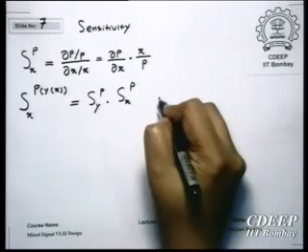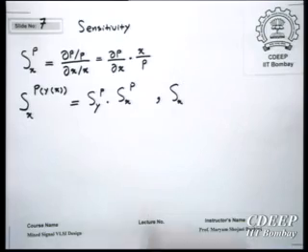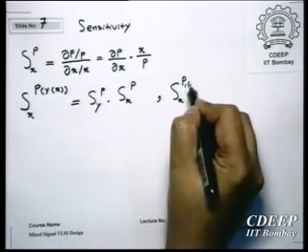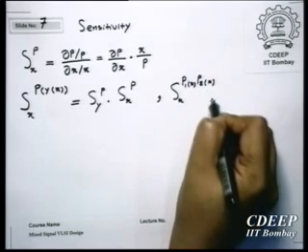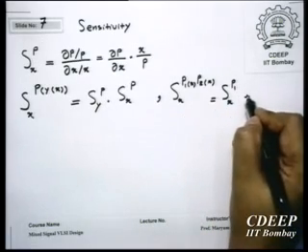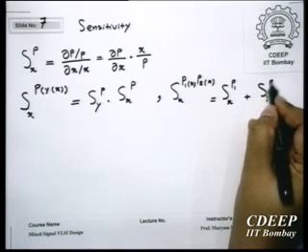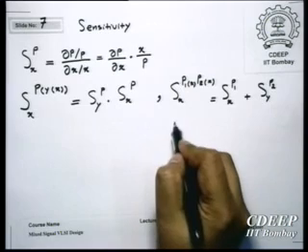Or for example, if you have sensitivity of two functions which are multiplied, it will be the summation of the two sensitivities. Or if they are divided, it will be minus.